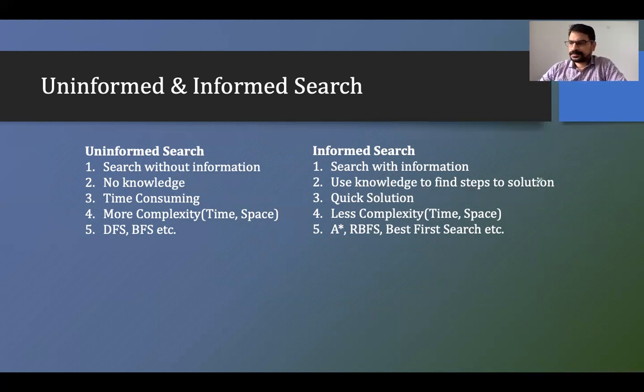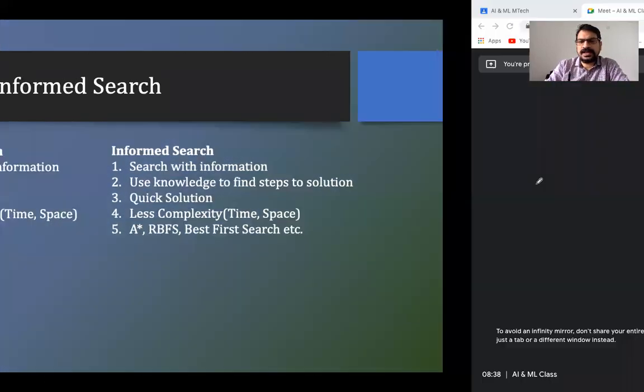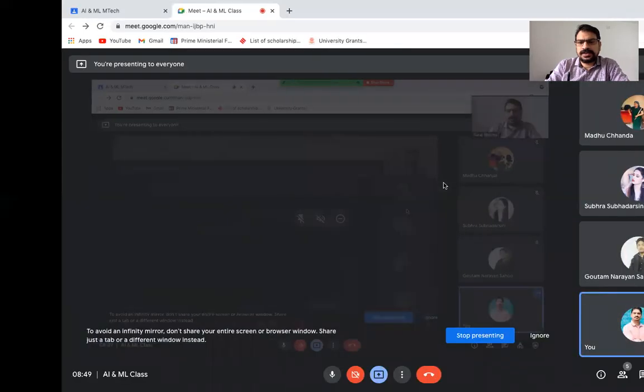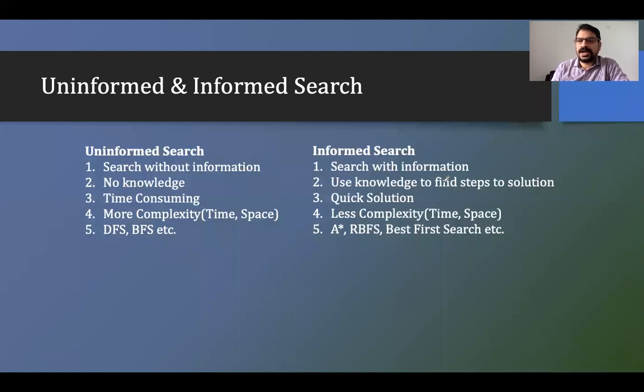So in the uninformed search, what will happen is we have the state space, and we go blindly, as in a greedy method, wherever we find the best way, we go blindly.